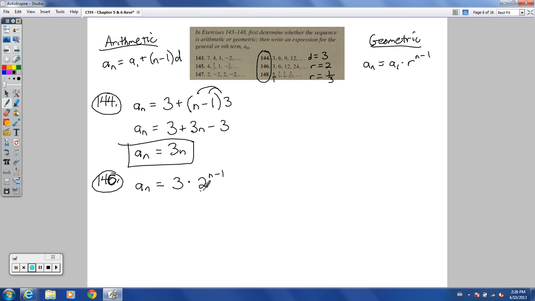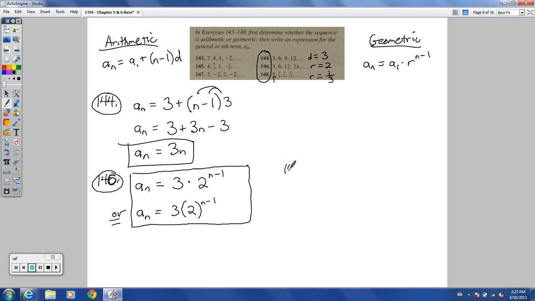Now we can't put these together because the exponents, the powers, are not the same, so I have to keep those separate. So you could write it like this. The back of our book writes it like this instead. Either way would be totally fine by me, so this way or this way is acceptable.